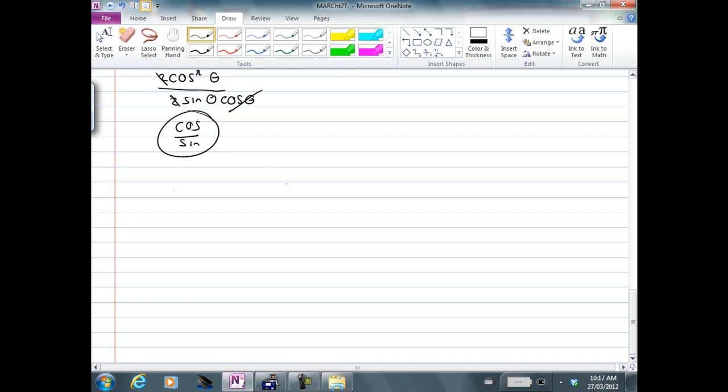Good luck. 2 cos theta plus 2 cos squared theta over sine 2 theta equals sine theta over 1 minus cos theta.